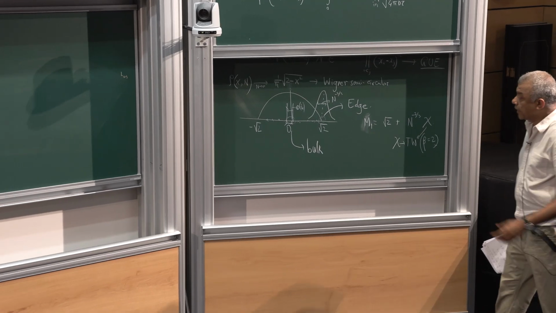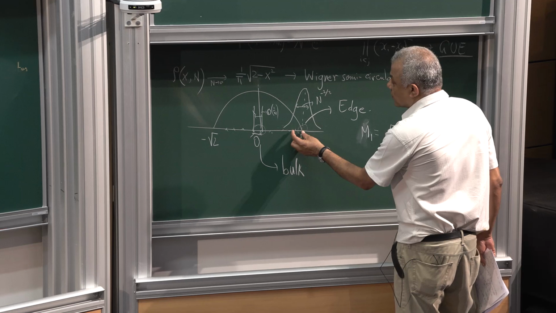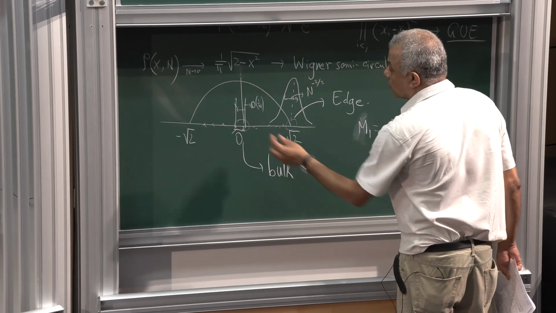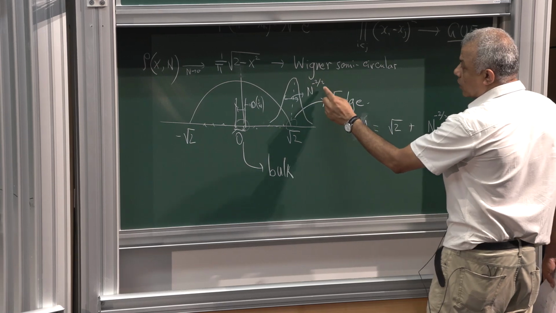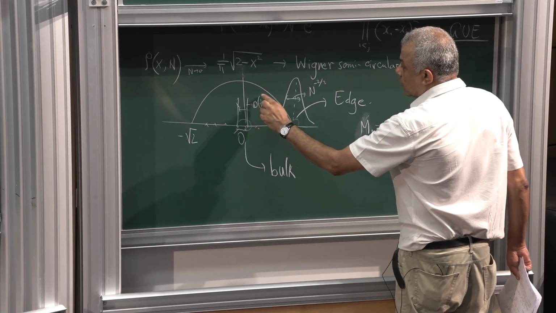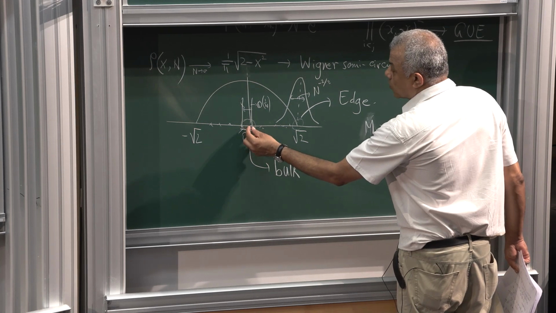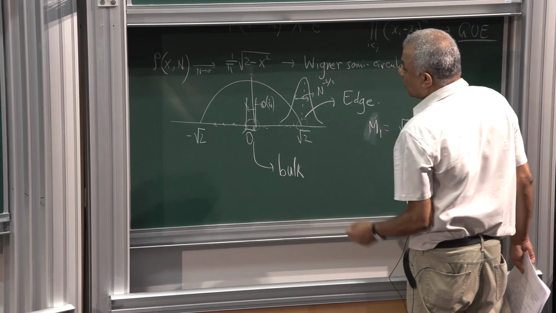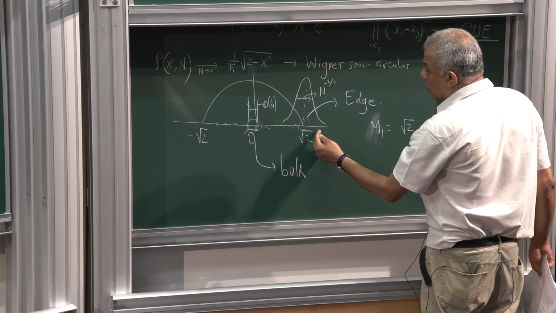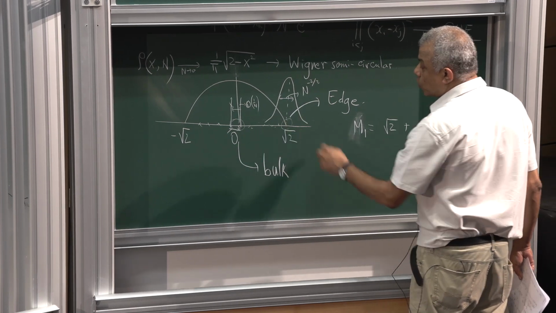And it's known that the gap distribution near the edge is very different from near the bulk. Near the edge, it's of order n to the power minus 2/3, whereas in the bulk it's of order 1 over n. Because these particles are very close to each other near the bulk, since the density is high there, whereas near the edge they are sparser. So the typical scale here is n to the power minus 2/3 around this root 2.